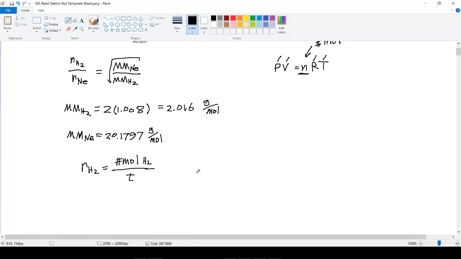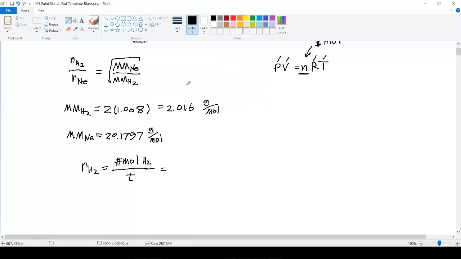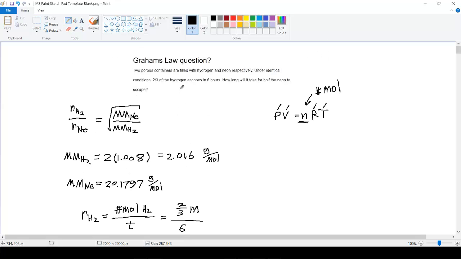I'll just say that's T. Now, all we know here is that 2/3 of those are diffused. So let's say there's a total of m moles in the container to begin with. Then 2/3 of the m moles will diffuse in 6 hours. So it says 2/3 diffuse in 6 hours.